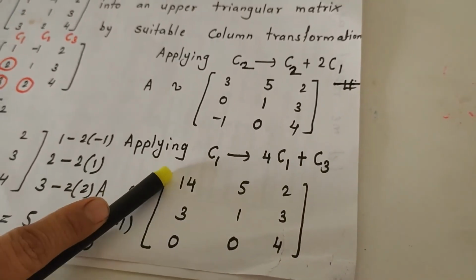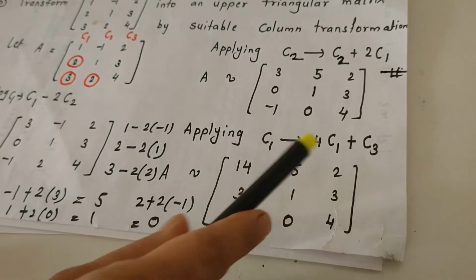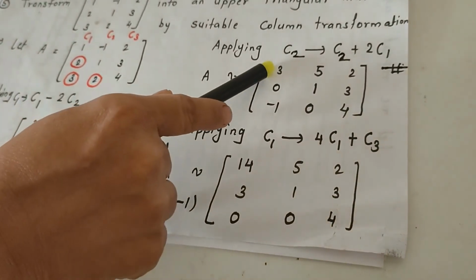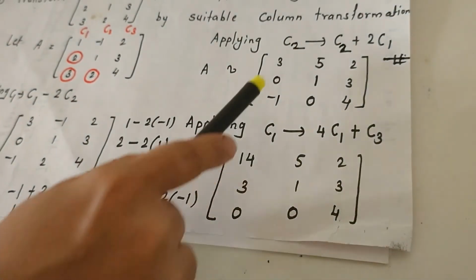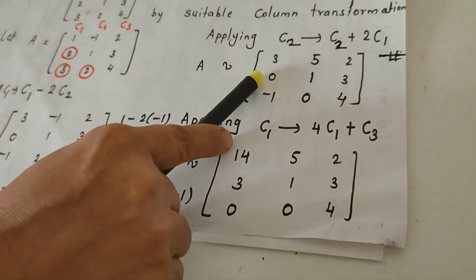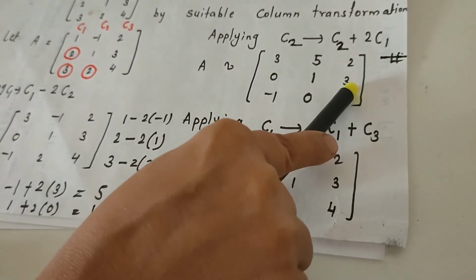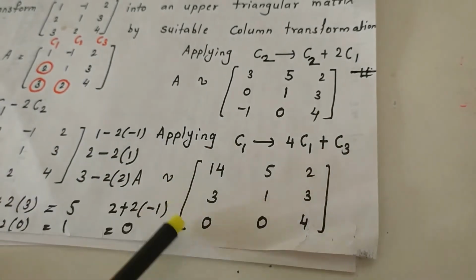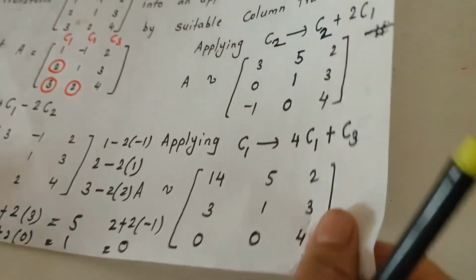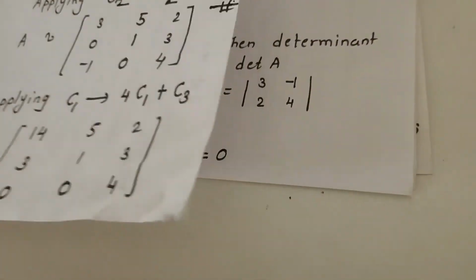So the resulting numbers are 4C1 plus C3: 4 into 3 plus 2, 4 into 3, 12 plus 2, 14. 0 plus 3, 3. And this element converts into 0. So the resulting matrix is in this way.